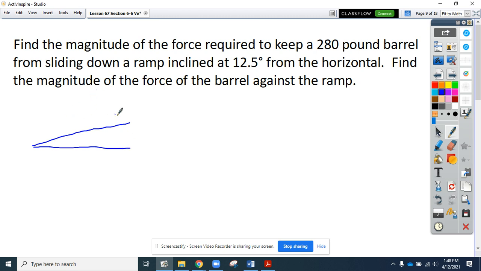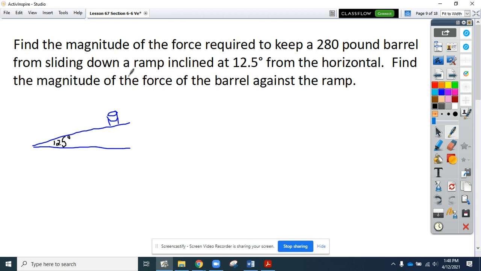We have a barrel. There's my barrel that's resting on the ramp. We know that this is our 12.5. So that's the angle.